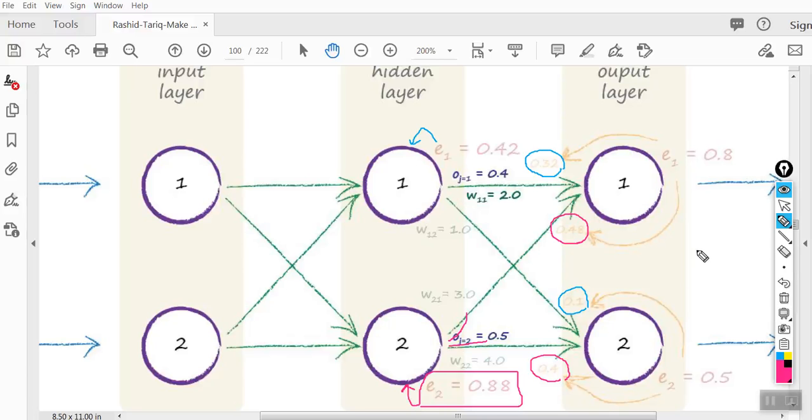We said that we backpropagate the error to the previous layer, and then again we can divide this E1 to the previous layer.